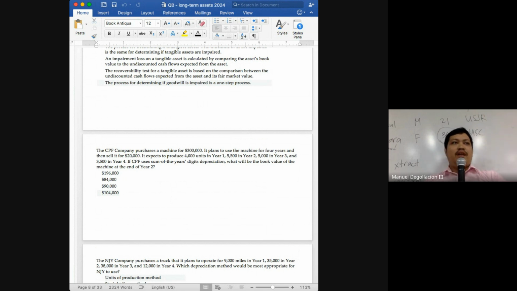So 84 plus the residual value of 20 will still give you 104. The other possible error: you decided to use 3 over 10 for the remaining 2 years, but you multiplied it with the 300. That would be wrong. So again, what's the safest? Original cost minus accumulated depreciation.